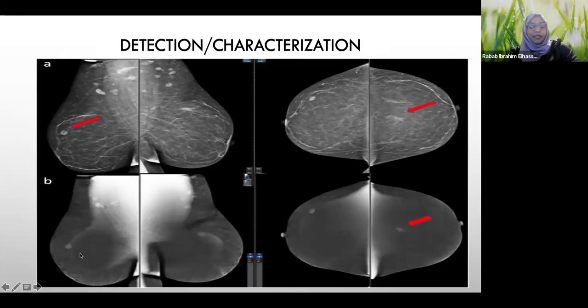When they did the contrast enhanced mammogram, there was a beautifully outlined benign mass on the right side. There was also some septation or some area of low density within the mass itself, and this is reported as probably benign. And this was an area of non-mass enhancement on the left breast. Biopsy revealed that this is a fibroadenoma, and this was invasive ductal carcinoma.